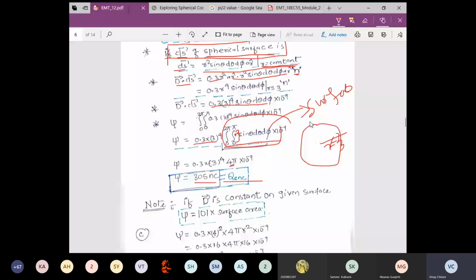And we know that the surface area of a sphere is nothing but 4 pi r square.